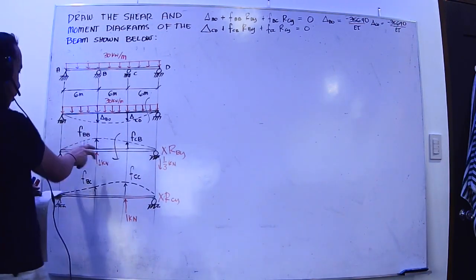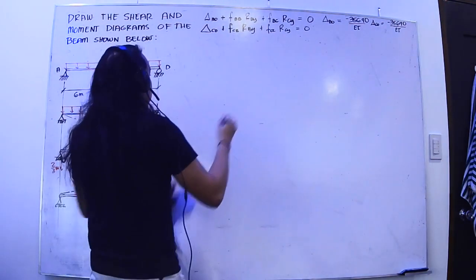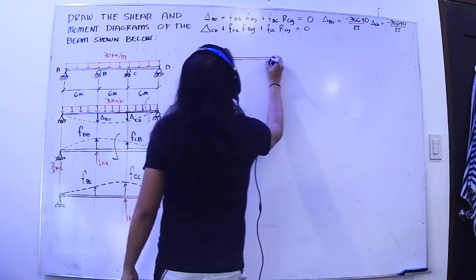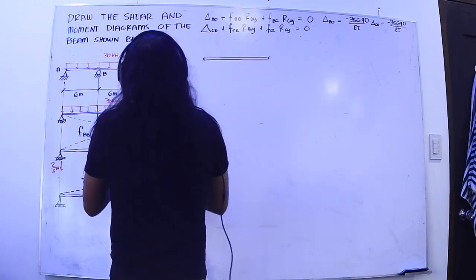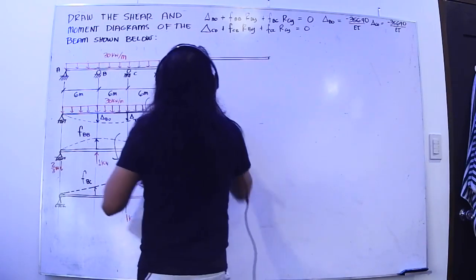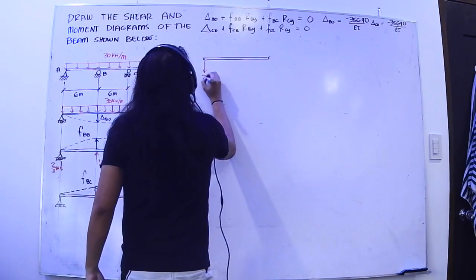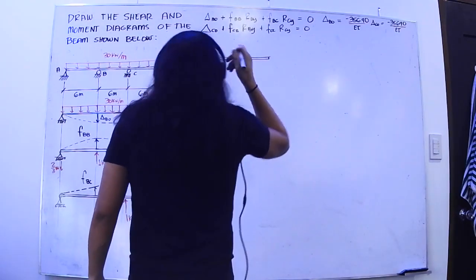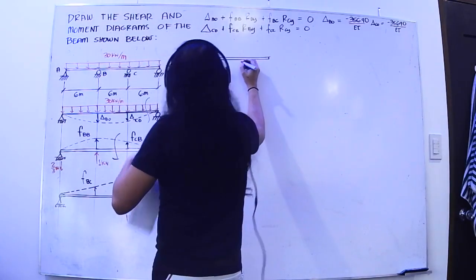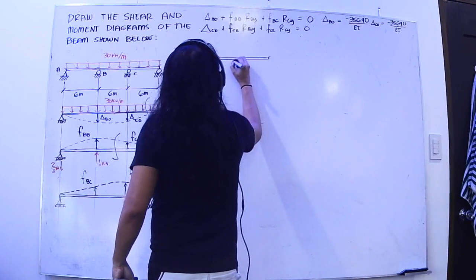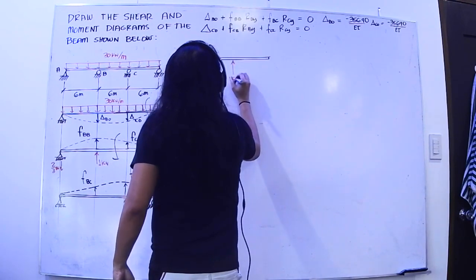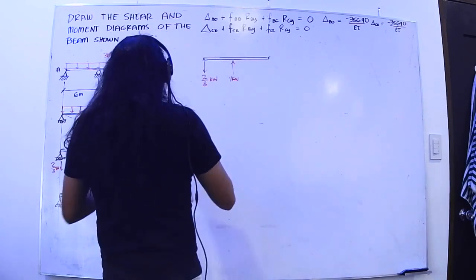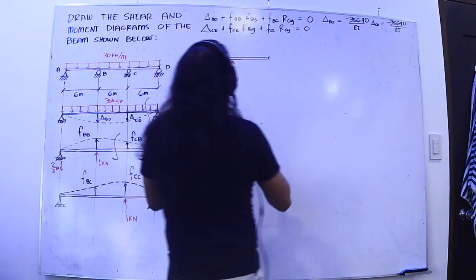So if we analyze this portion of the beam, we have 2/3 going down and 1 going up. One kN, but it's only 2/3. Okay? So, we have a moment here.